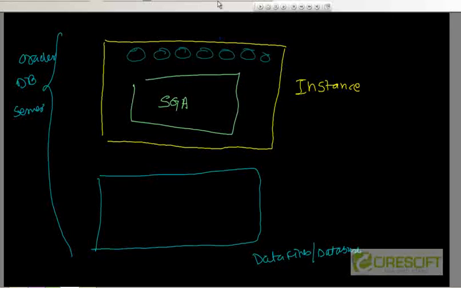And then we also discussed that the data files consist of multiple different types of files, for example the parameter file, database file, log file, and so on. We also discussed that the SGA consists of different pools, what each pool does, and the different roles and responsibilities of those pools, and also the responsibilities of the background processes.